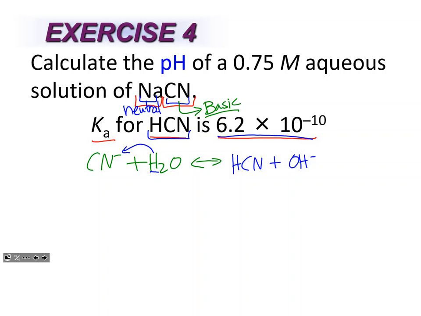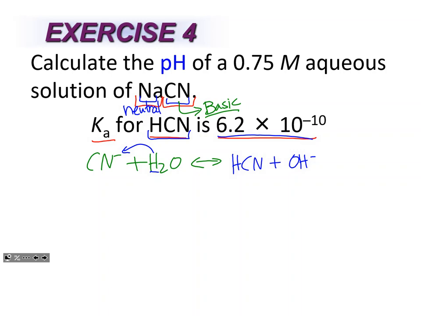How do you find Kb from a Ka? What is that equation we can use?